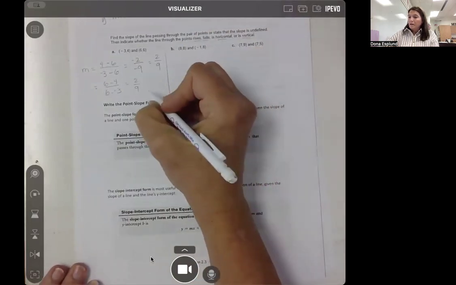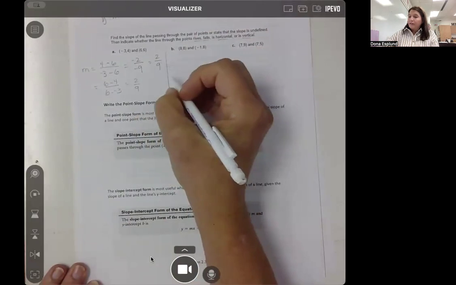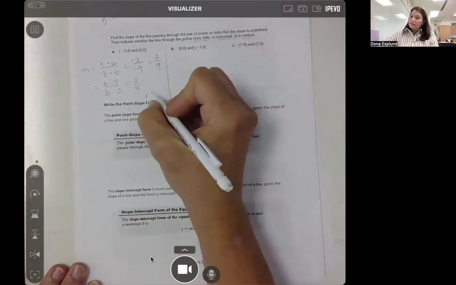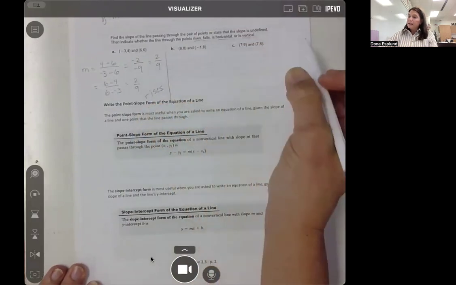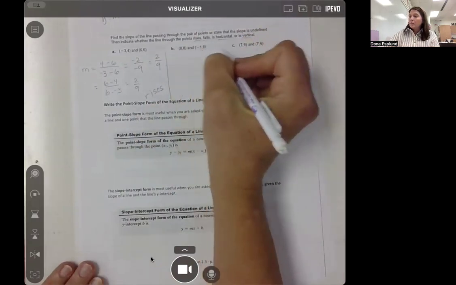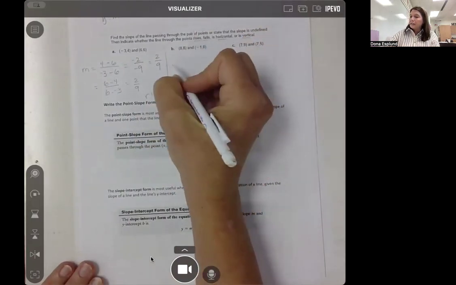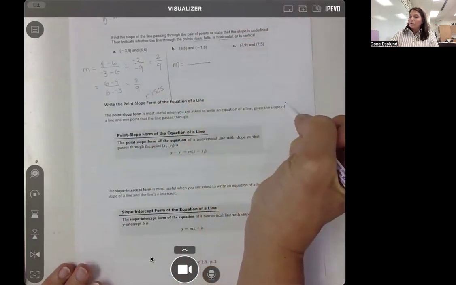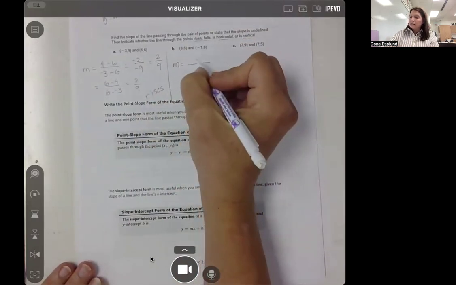Tell me a little bit about the slope. Over 9, good. So on this one, they're going to just indicate rises, and we'll always say that it's from left to right. On the next one, I have the M. I'm going to do the change of the y's, which are going to be 0.